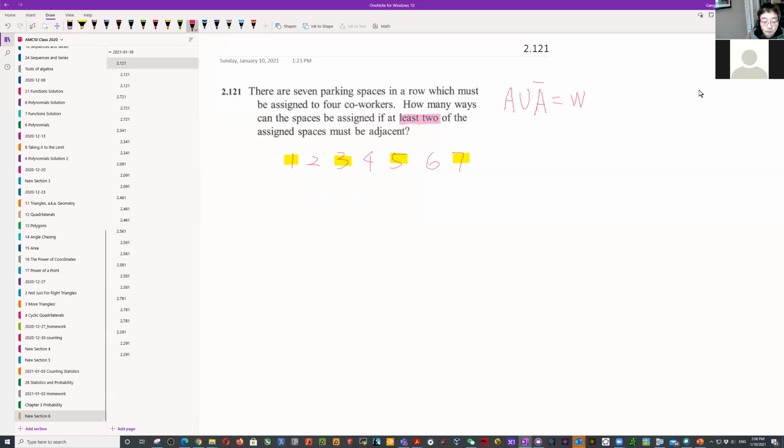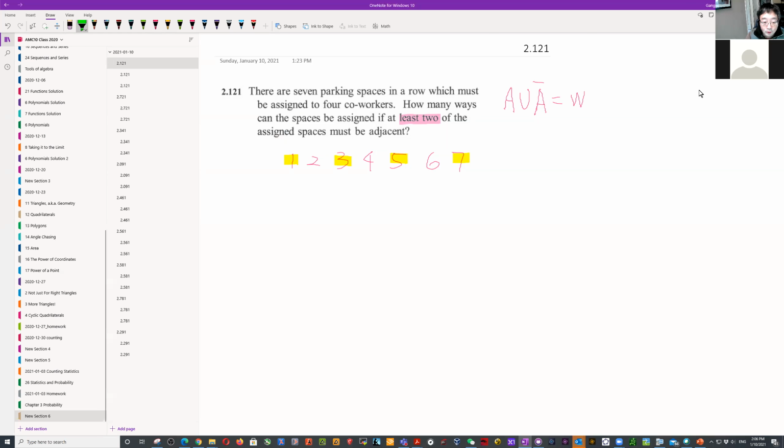When you read the problem, also try to understand whether it requires distinguishability. Obviously the parking spots are labeled 1 to 7, so they are distinguishable.